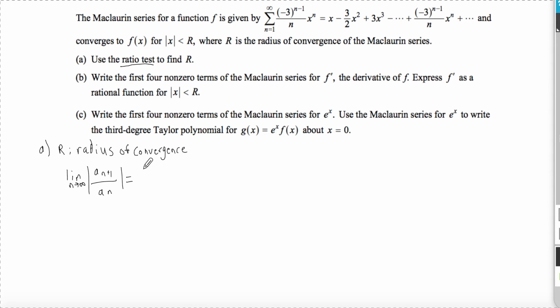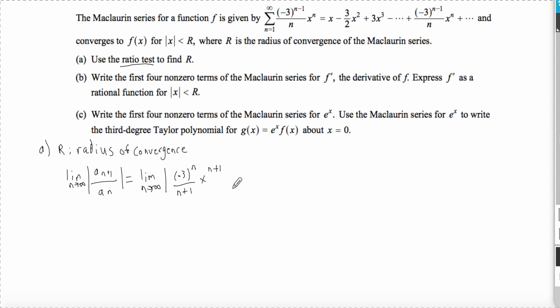So a sub n plus 1, so I need the limit as n approaches infinity, absolute value of a sub n plus 1. So let me replace all my n's with n plus 1s. So that'll give me -3 to the n minus 1 plus 1, because it's n plus 1 minus 1. So that'll give me -3 to the n over n plus 1, because remember, I'm replacing every n with n plus 1, x to the n plus 1.